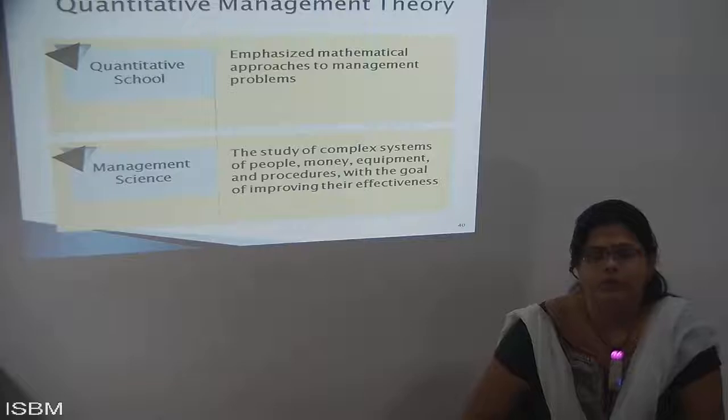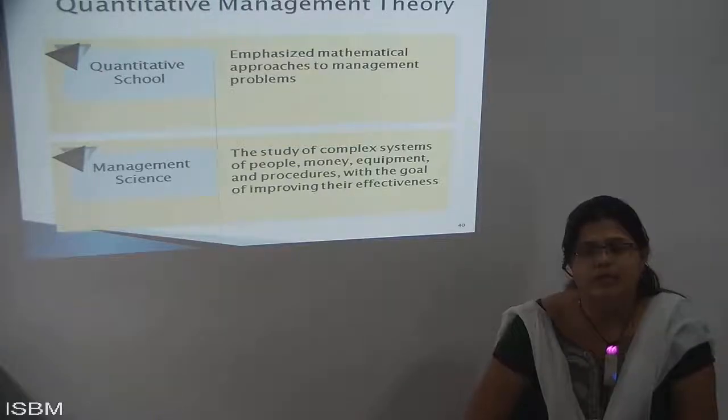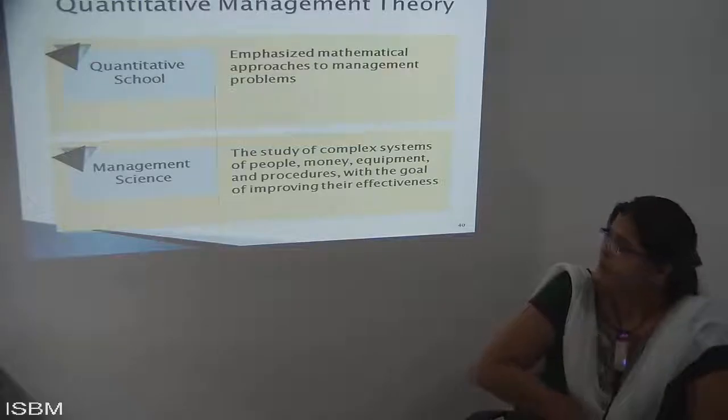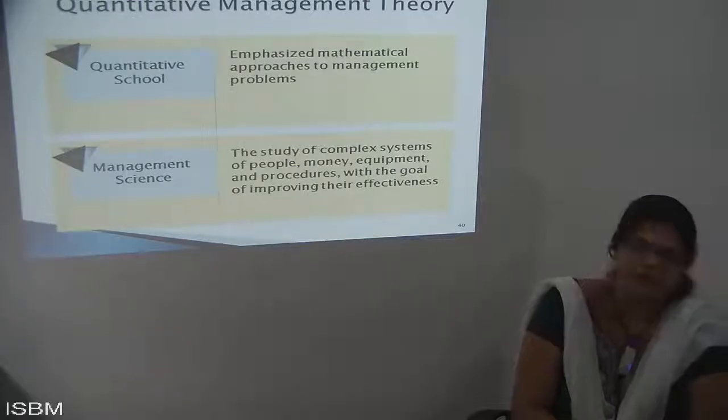In the quantitative approach, you use mathematics, sums and formulas, to analyze managerial problems. Management science is the study of complex systems of people, money, equipment, and procedures with the goal of improving their effectiveness.